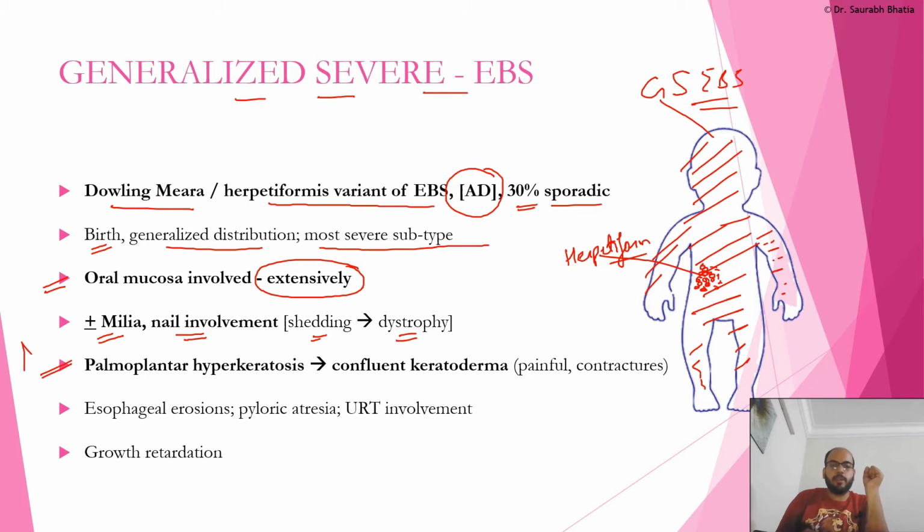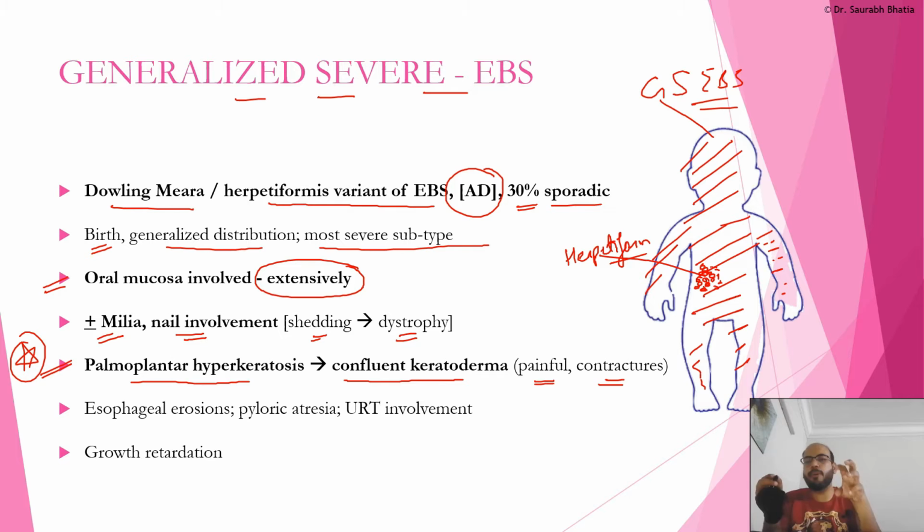Now this point is important. Palmoplantar hyperkeratosis is mentioned, and as time passes, it can become severe in the form of confluent keratoderma, which can be painful and can cause contractures. This is an important point in EBS, that you have significant palmoplantar hyperkeratosis, and at later stages it can become confluent keratoderma, which can be painful as well as can have contractures.